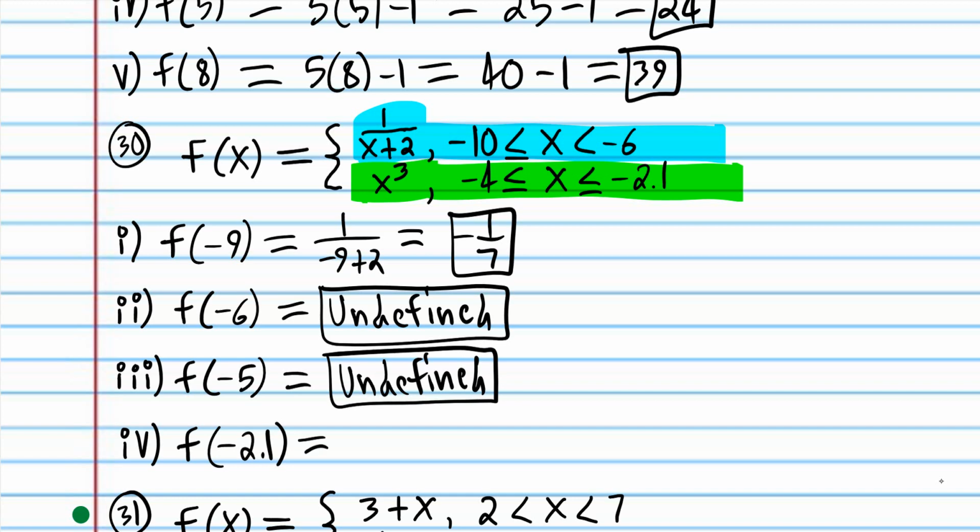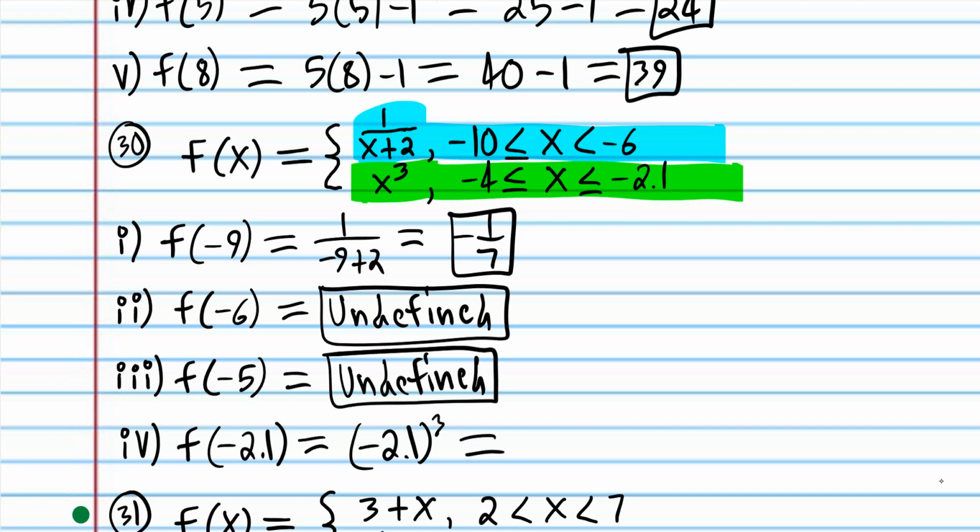f of negative 2.1, well, it says x can be less than or equal to negative 2.1. So that means we can actually plug in to the green equation. Negative 2.1 cubed.